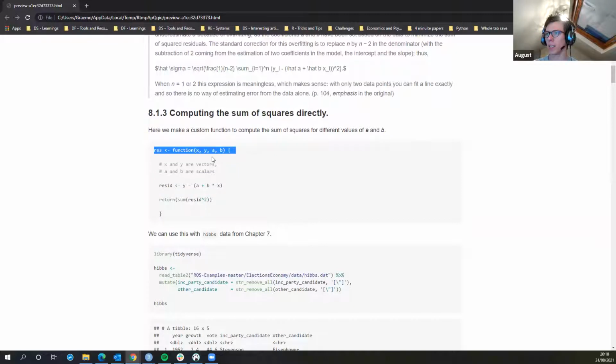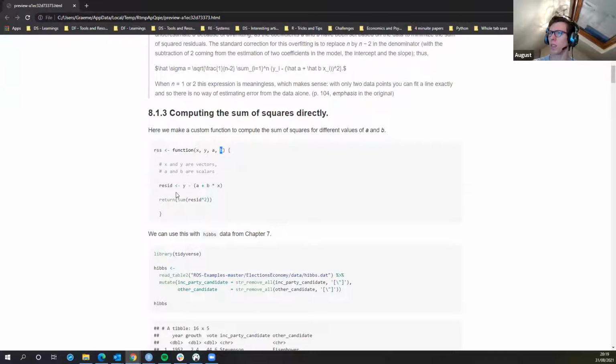So it takes x, y, a and b. X and y are vectors, a and b are scalars. So x and y are just any value, I suppose. Sorry, y is your predicted value, x is your predictor, I suppose, and then that's your intercept, and that's your coefficient for your regression, essentially.